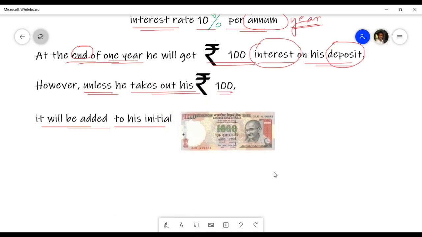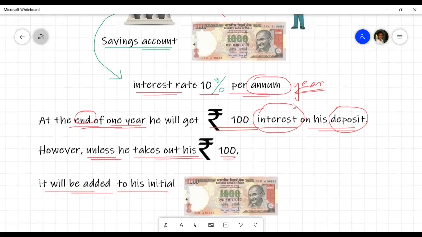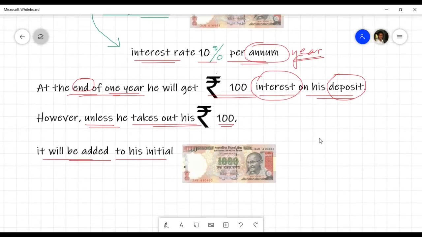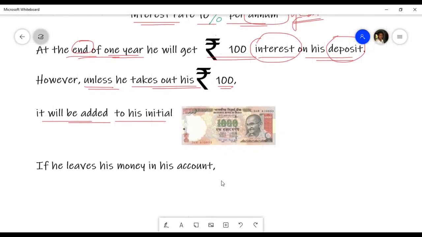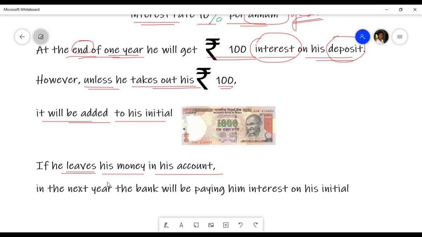So this interest that he got, 100 rupees, will be added to his initial deposit, that is 1000 rupees. And it will happen only if he leaves his money in his account. If he takes out his money, then this is not possible.